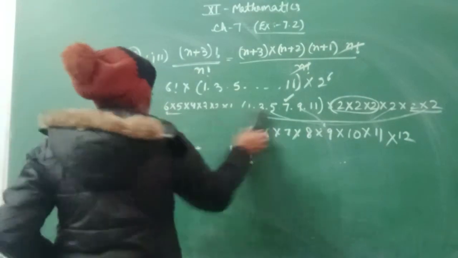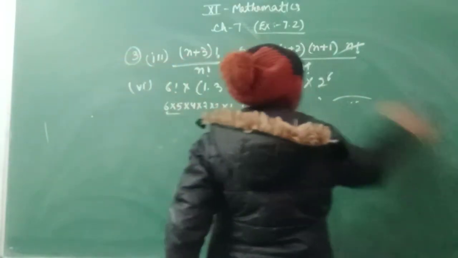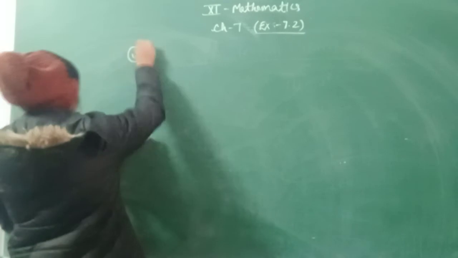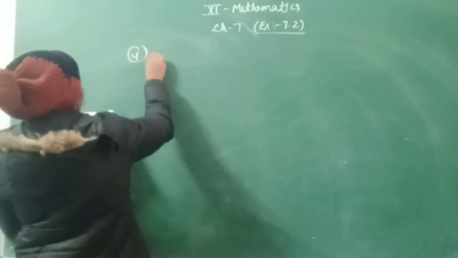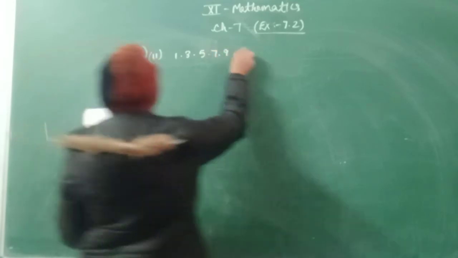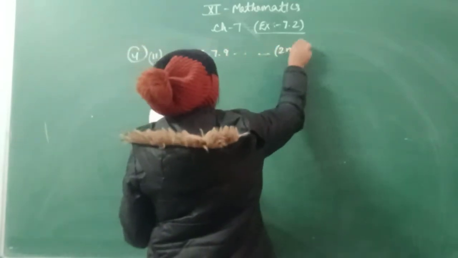Question number 4. I am taking the second part of this one. 1 into 3 into, there are all the odd numbers, up to 2n minus 1.